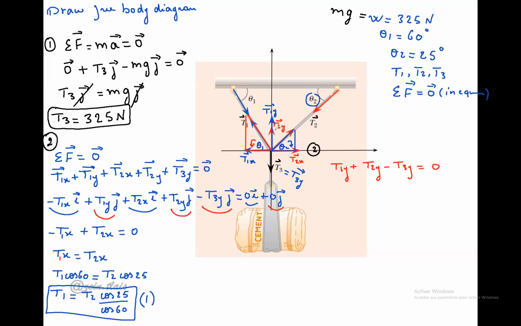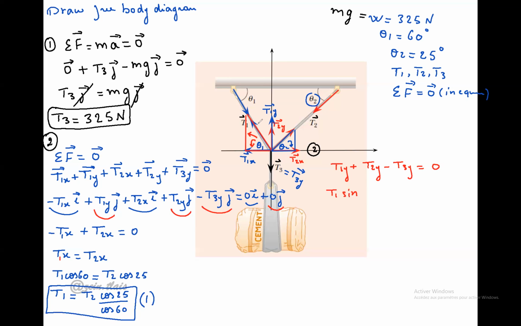T1y is up, T2y is up. T1y is opposite to theta 1, so by sine, sine theta 1 equals T1y divided by T1.